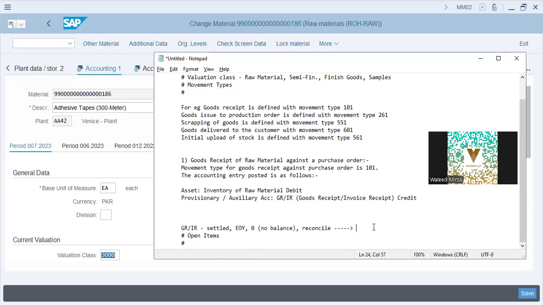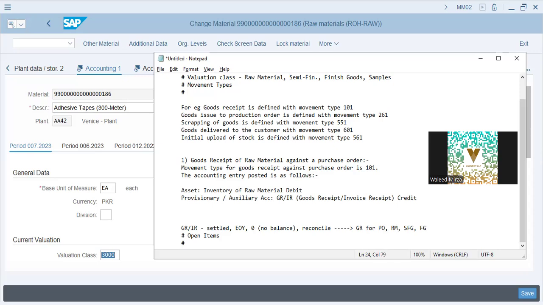We have GRIR for various categories, like GR for PO, or GRIR account for raw material, semi-finished, finished goods; they will be separate GRIR.